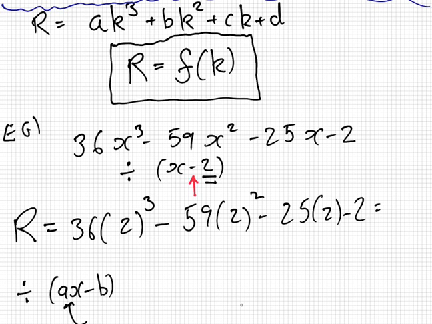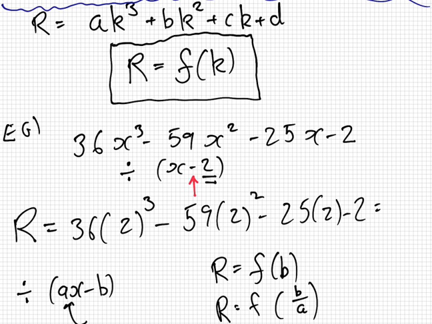B over A. Very good, b over a. So the remainder is f(b) if there's no a, or f(b over a) if there is an a. So it's going to be one of the two.